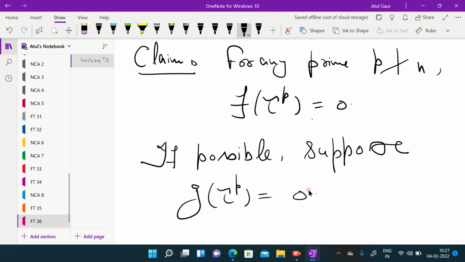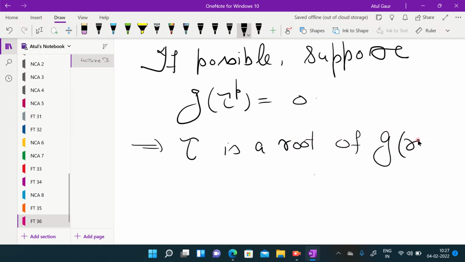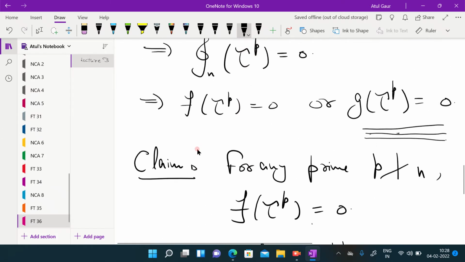All right. So this means what? Tau is a root of g(x^p). Now f(x) is the minimal polynomial of tau.